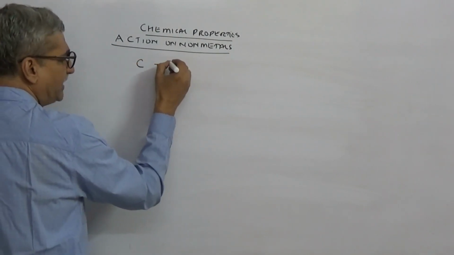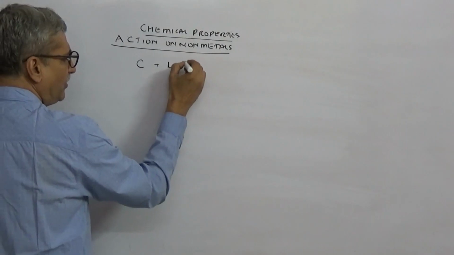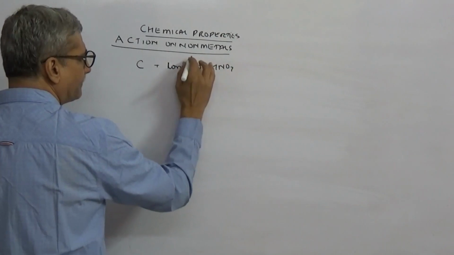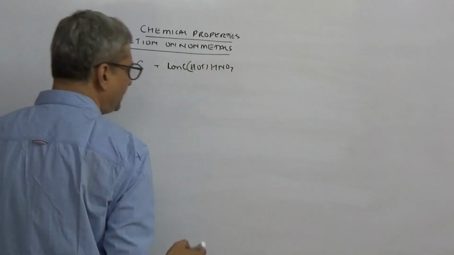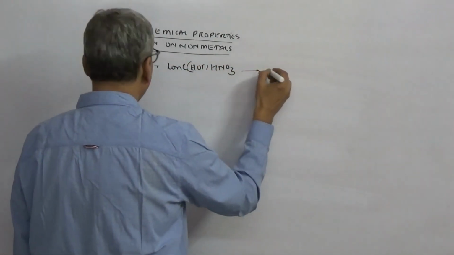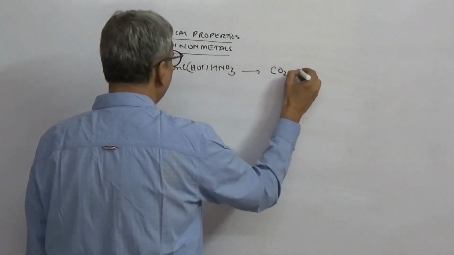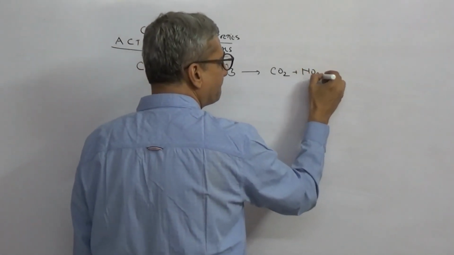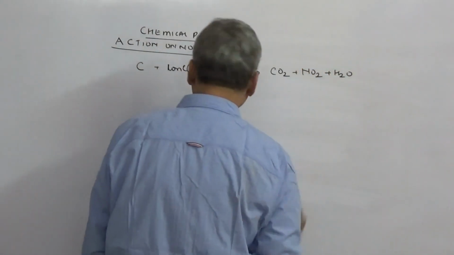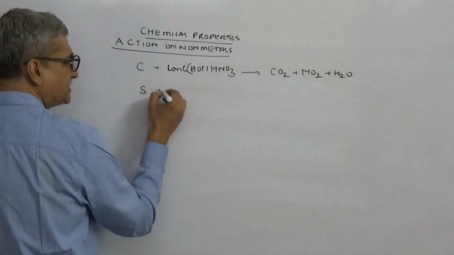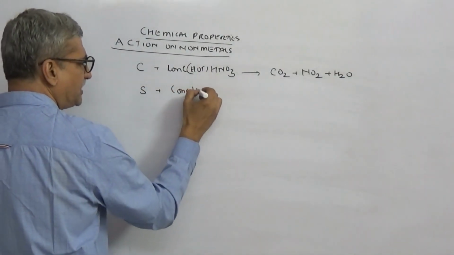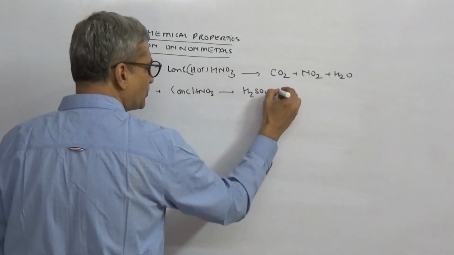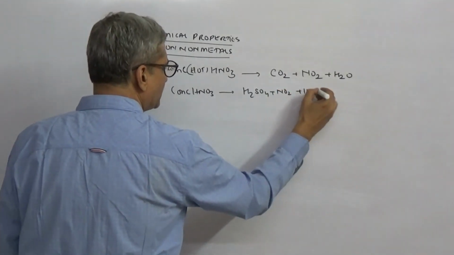So carbon, when you react it with concentrated hot nitric acid, HNO3, what happens is we get carbon dioxide plus NO2 plus H2O. But with sulfur, sulfur reacts with concentrated nitric acid and it oxidizes it to sulfuric acid, H2SO4, plus NO2 plus H2O.